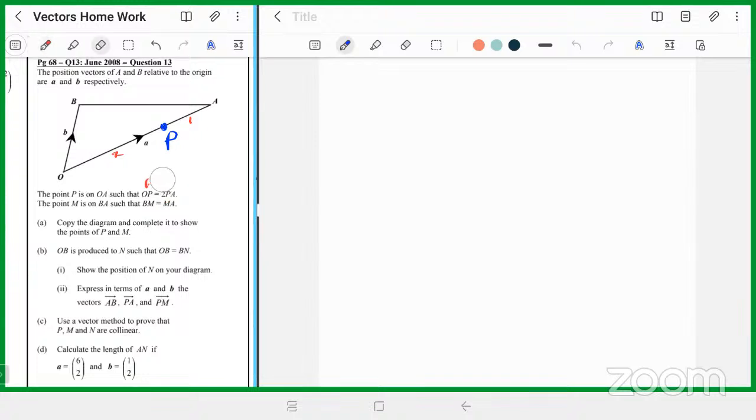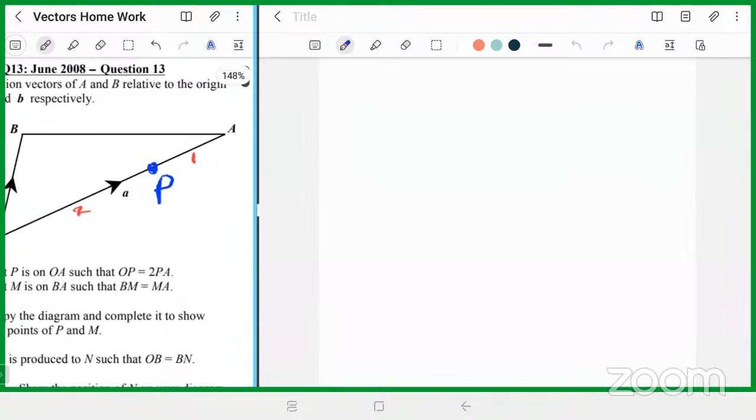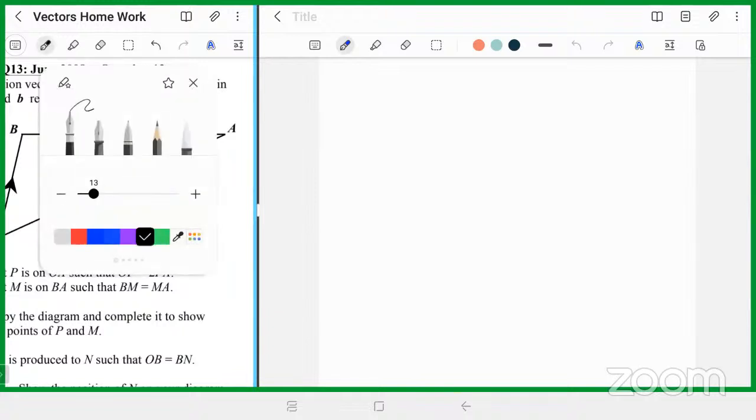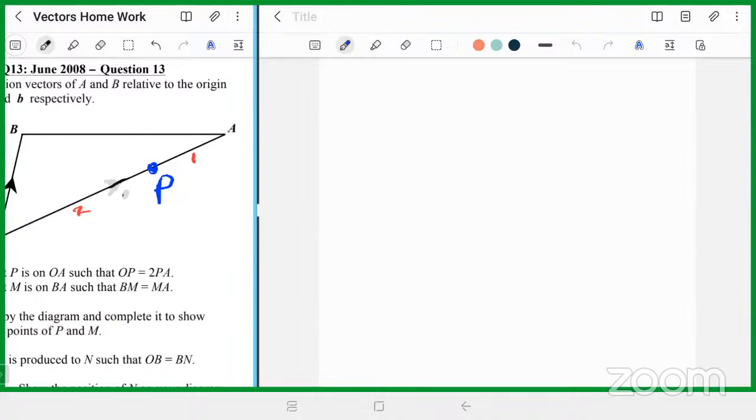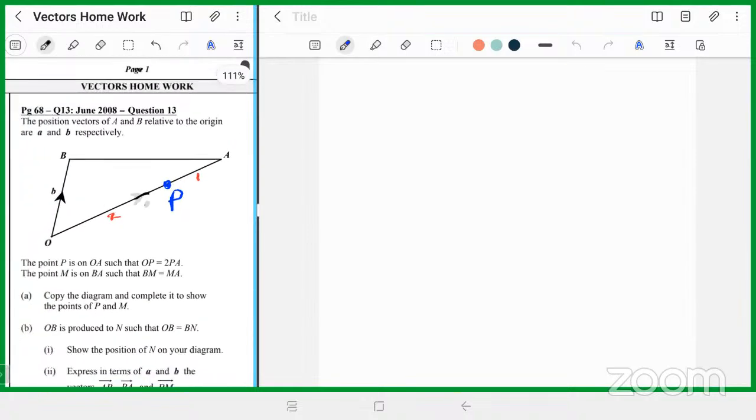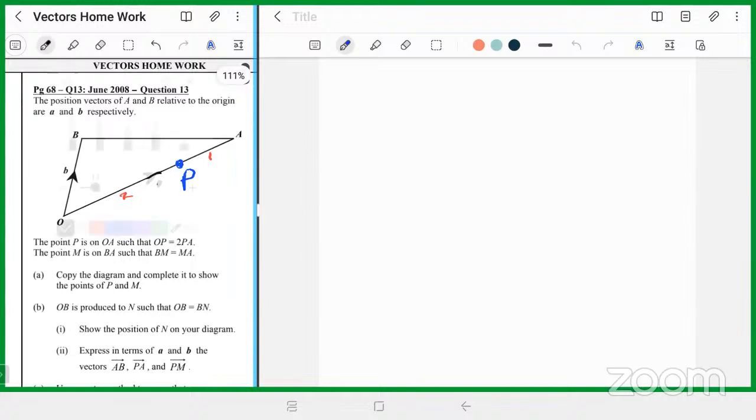So what I'm going to do is erase this a again and show it as the 2/3 and the 1/3. I'm going to mark this line here as 2/3 a.